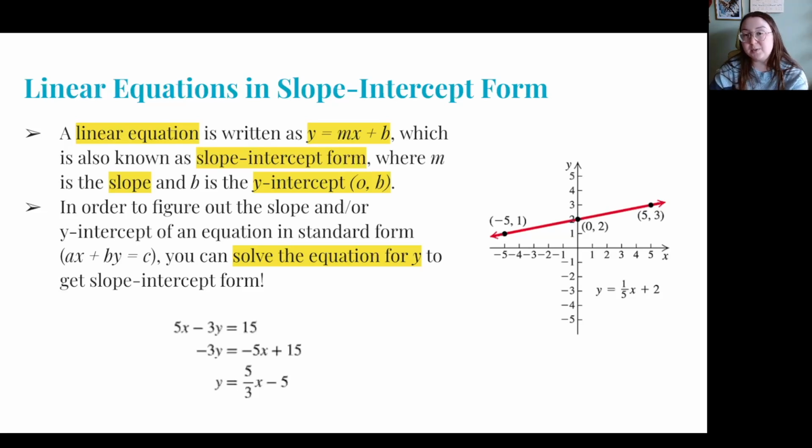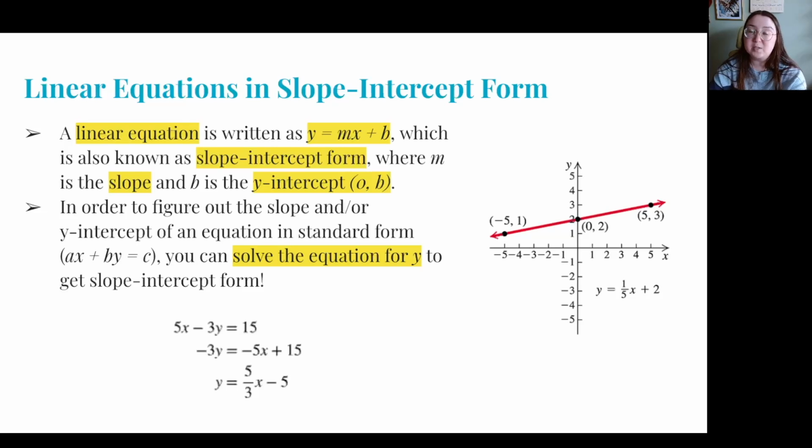You can also use the slope-intercept form to help you plot a line. On our last example that we did together in our notes, we had to find a bunch of points, we had to find all the y values, we had to plot all of the points. It was kind of long and tedious, but if it came down to knowing what the slope is and knowing our y-intercept, we can actually create that line a lot easier than having to find a bunch of points.